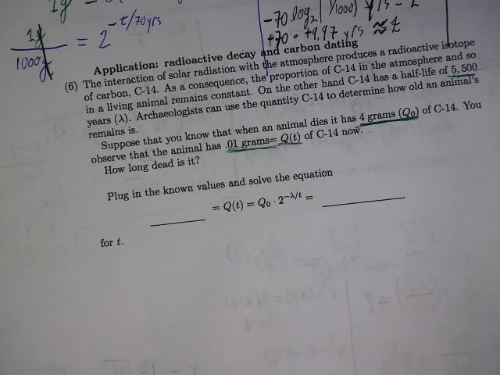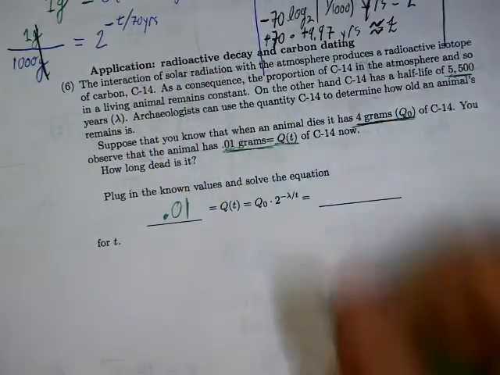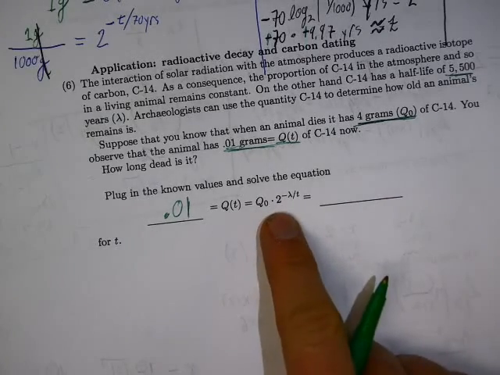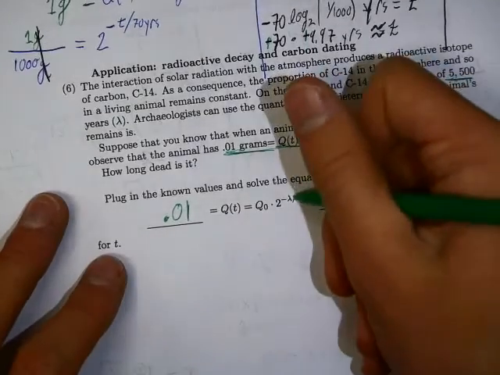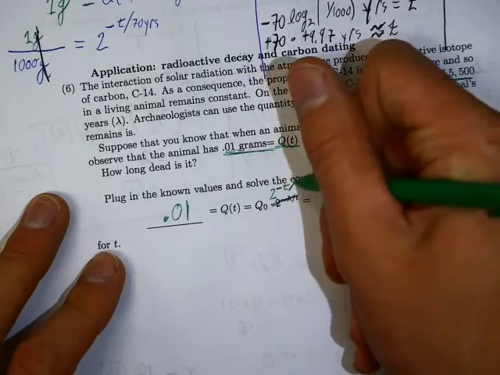And how do you do that? Well, you just need to set up the equation. How much C14 is in the animal when you dig it up? That much. So Q of t equal to 0.01 should be the same thing as Q0 times 2 to the negative, that's wrong, 2 to the negative time divided by half-life.